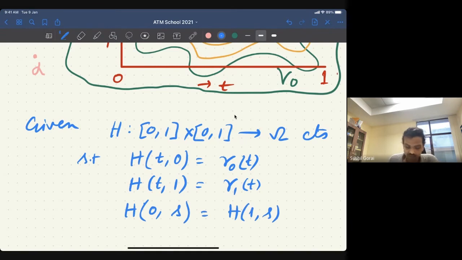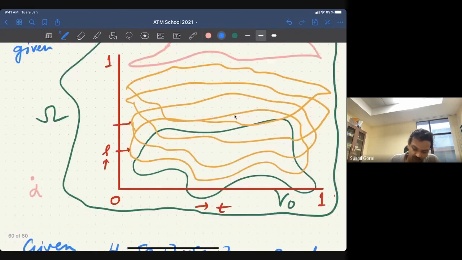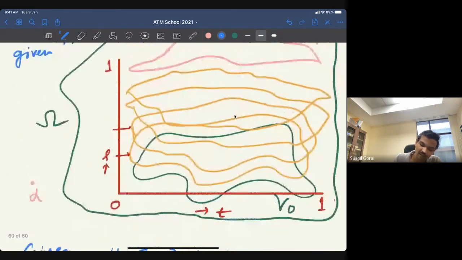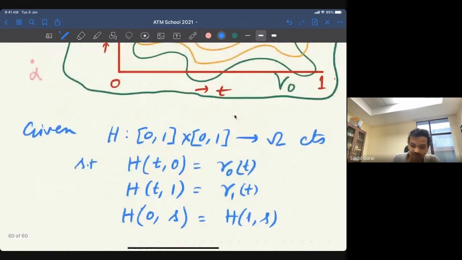All are closed, right? So this H is just continuous. It may not be smooth.